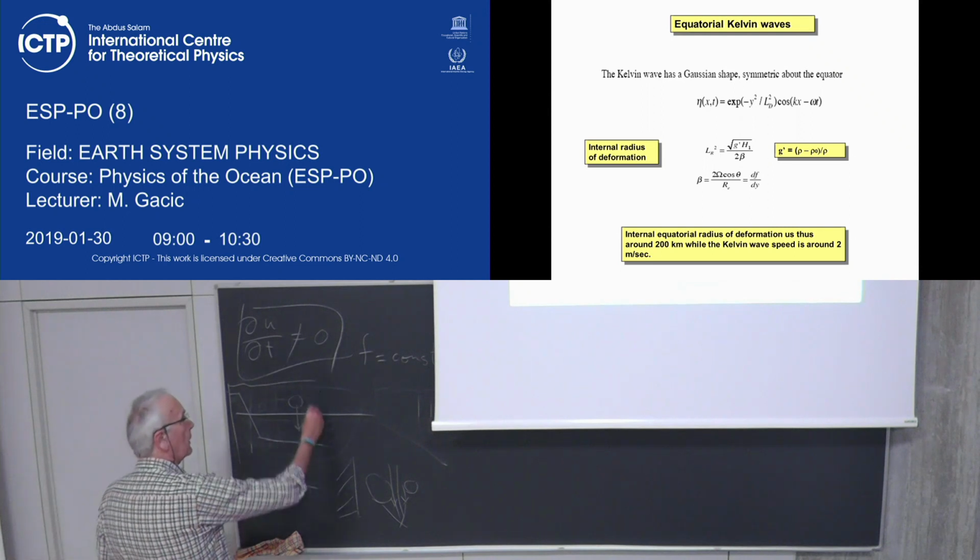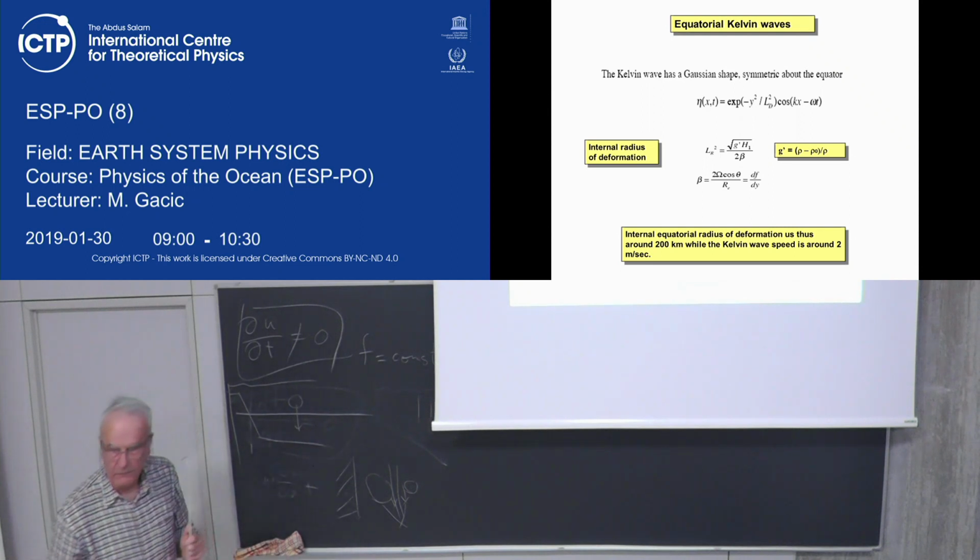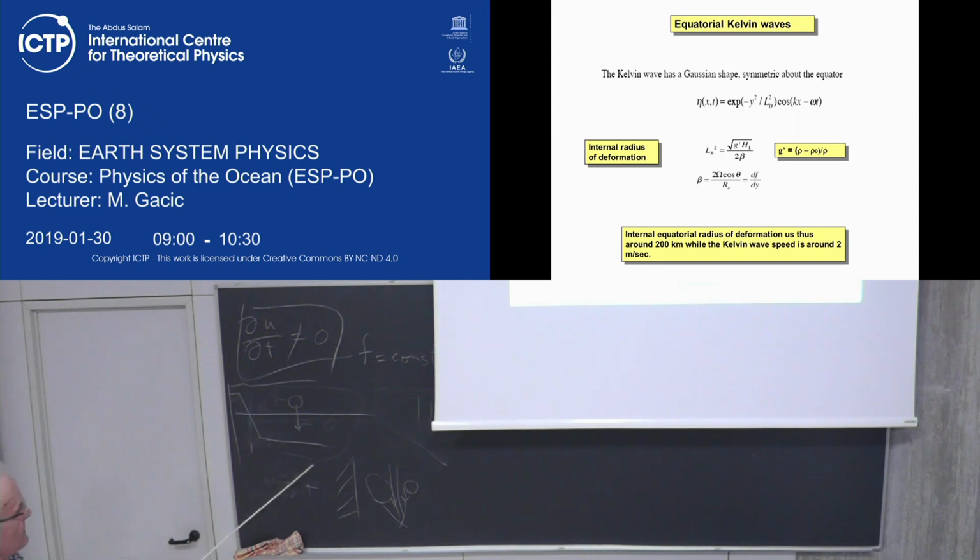So it will oscillate around the equator back and forth in order to be always at the position where its vorticity is equal to the ambient vorticity.